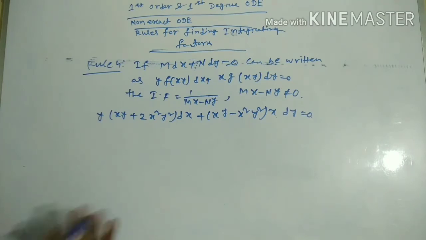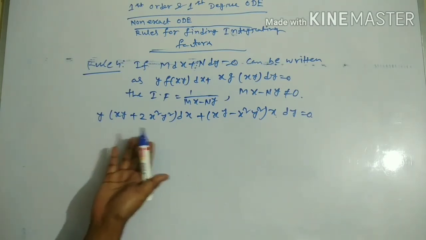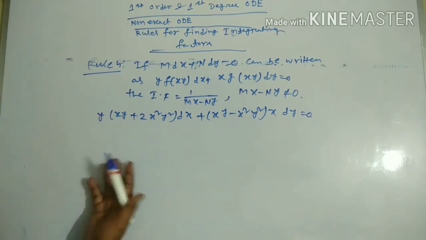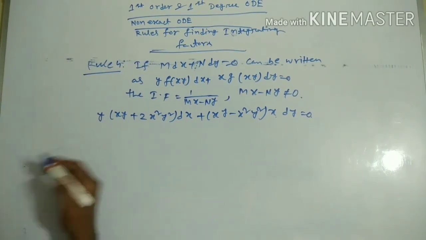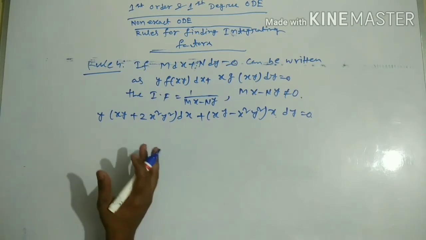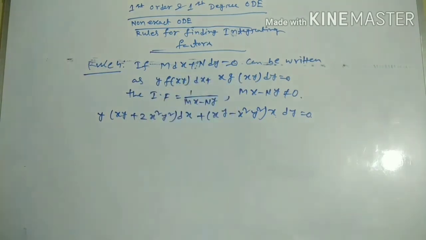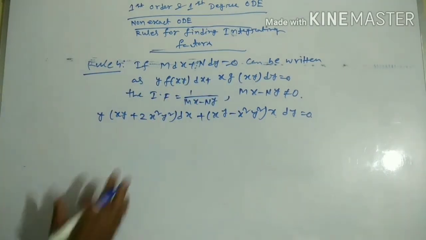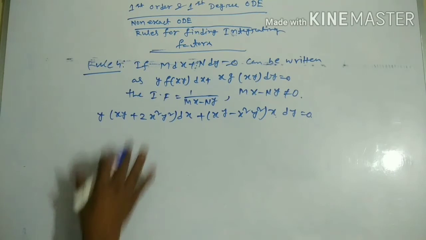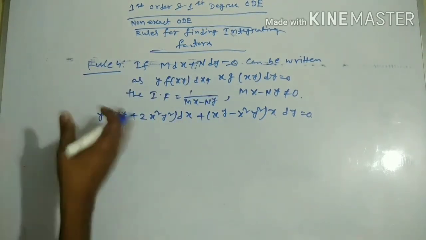Now it is not mandatory that all the ODEs of this form will be given in this form in your question. Okay, so you may have to arrange the given ODE M dx plus N dy in this form for solving. So this ODE is already arranged in this form, so we can directly apply rule 4.